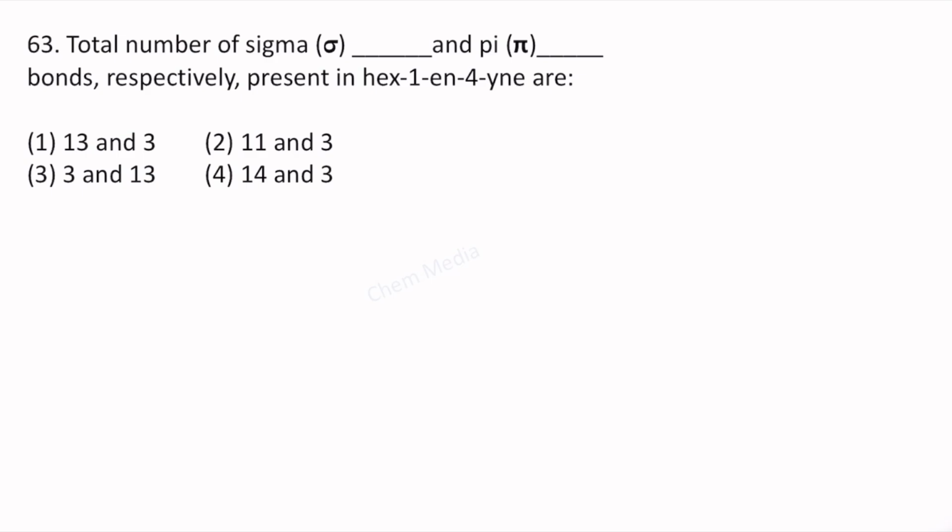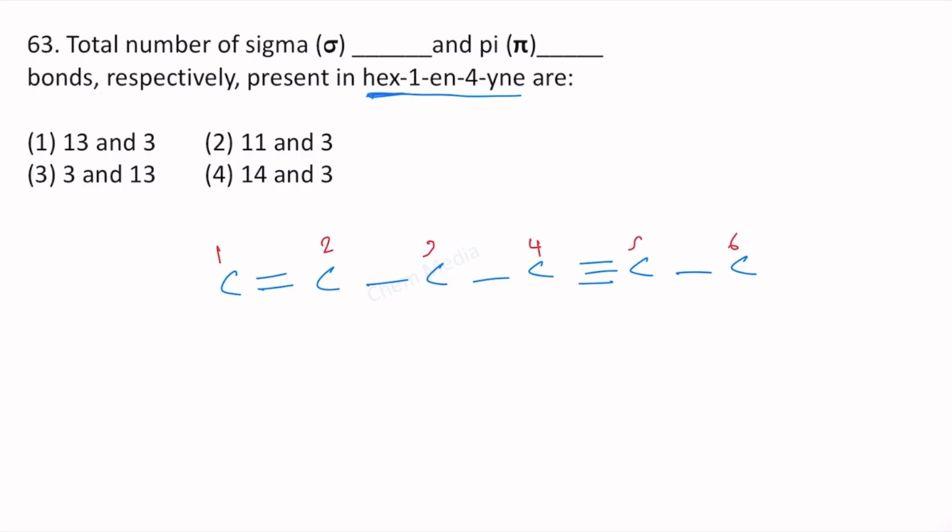Total number of sigma and pi bonds respectively present in hex-1-en-4-yne are how many? The root word here is hex. Therefore we have a 6 carbon chain. Let's draw the 6 carbon chain first. 1, 2, 3, 4, 5, 6. We have a double bond at 1 position, triple bond at 4 position.